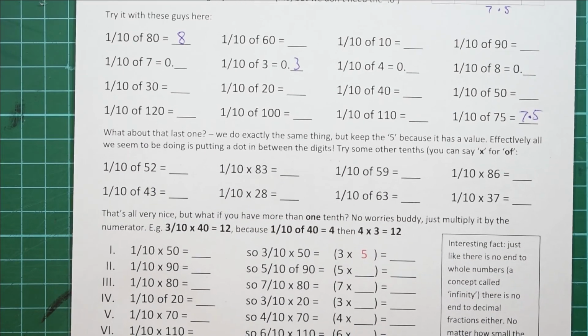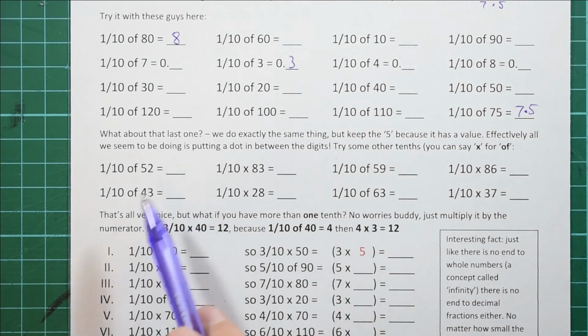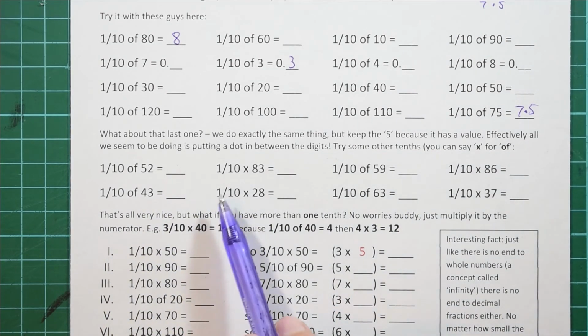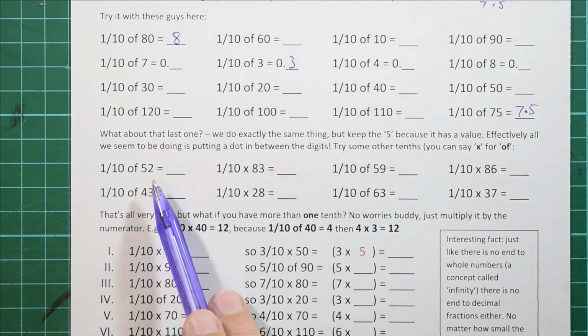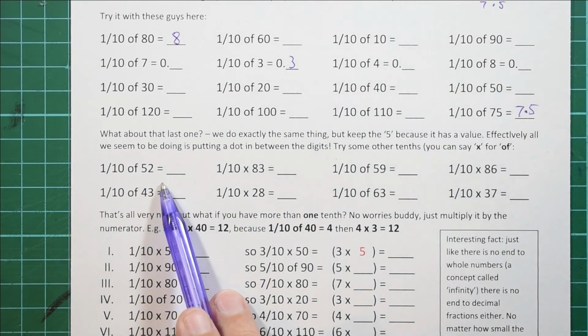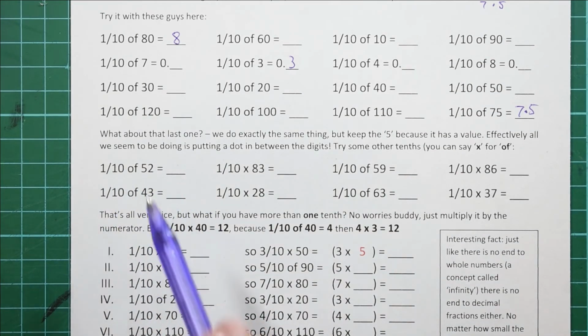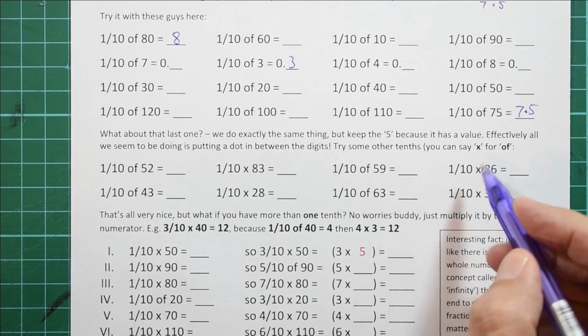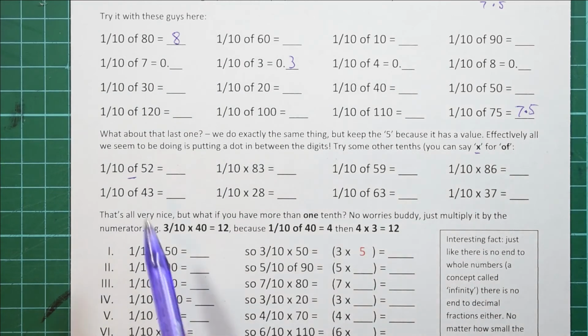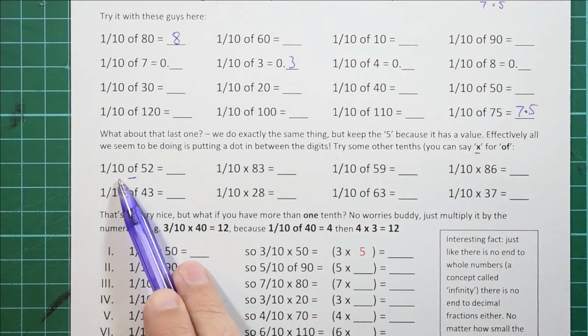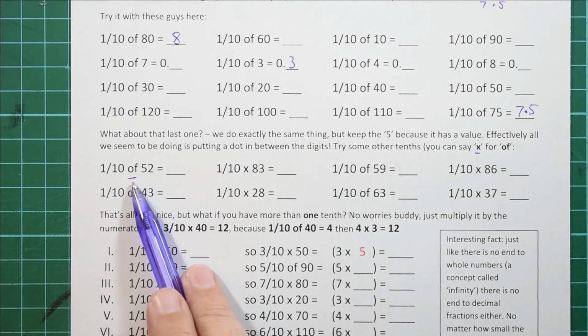The next set of questions are based on that. You are shifting this number across. So what I would do if I were you is say, well, what is 1/10 of 52? So important note here, of and times mean the same thing. So if you see 1/10 times 52, it's the same as saying 1/10 of 52.